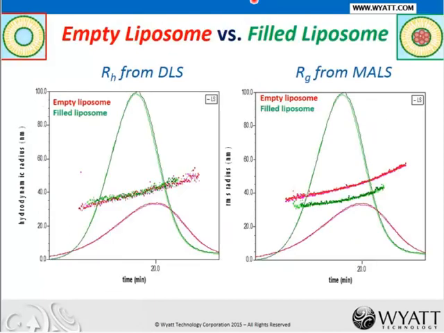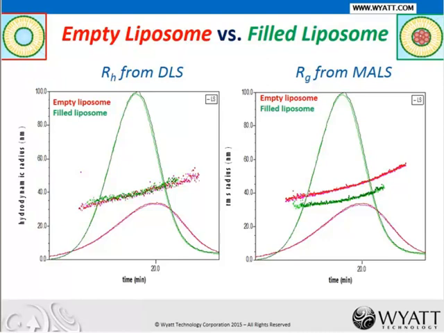Now we also use field flow fractionation combined with online dynamic light scattering and multi-angle light scattering to characterize those two liposomes. The Rh versus elution time for those two liposomes overlap, suggesting the FFF condition is quite optimal, because the separation is based on the hydrodynamic radius, as you would want from an FFF separation.